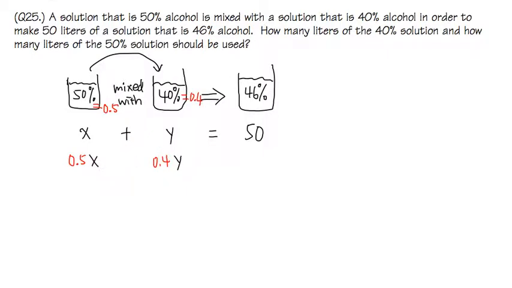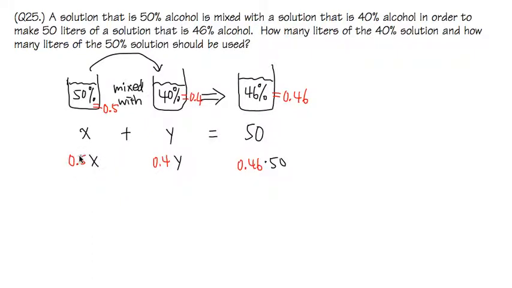And the last part right here is 46%. Once again, I'll change this to a decimal. That will be 0.46. I will also have to multiply 0.46 with the 50 liters right here. So multiply by 50 liters. The idea is this. If you do concentration times the volume, you are going to get the actual amount of the alcohol.